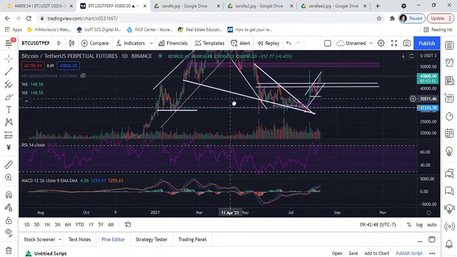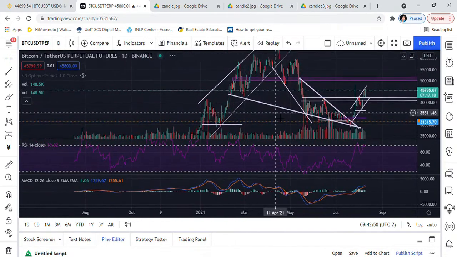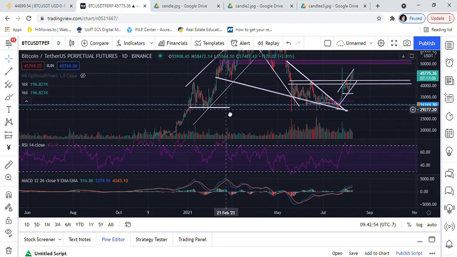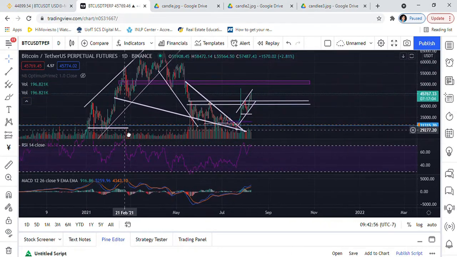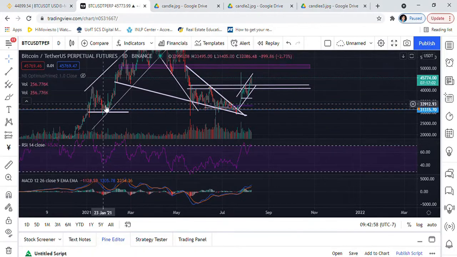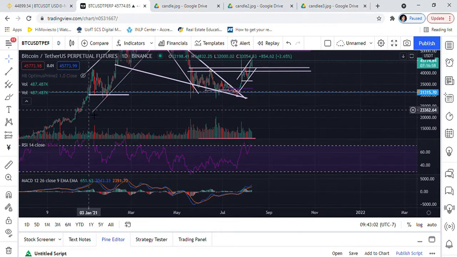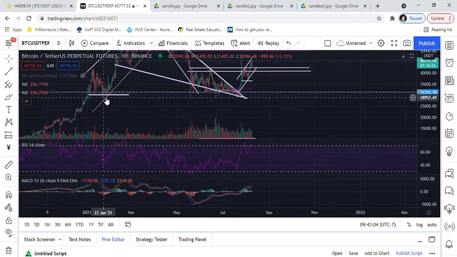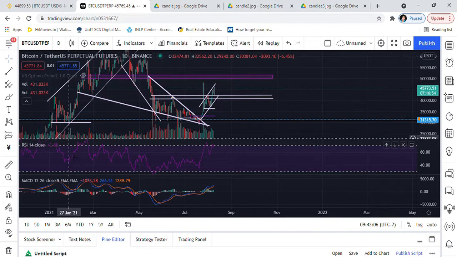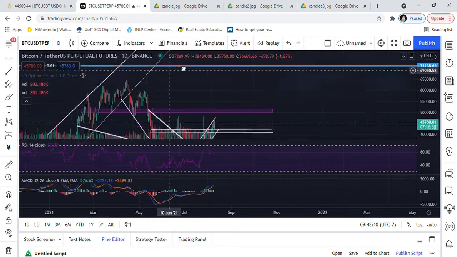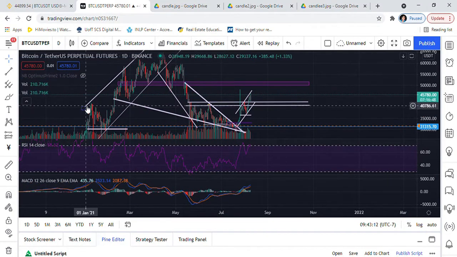So I drew this trend line here. I identified an uptrend here, and I drew the line from when the uptrend began all the way up to the highest it reached, and then another line here.